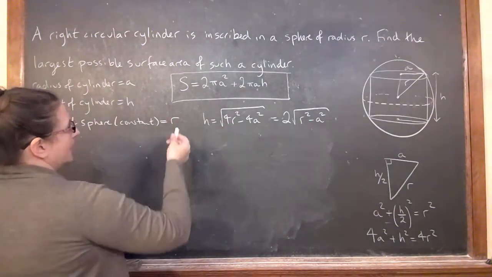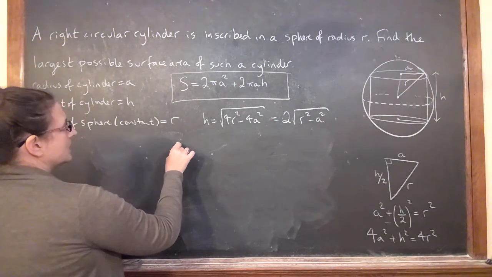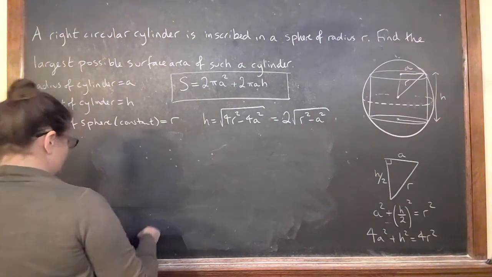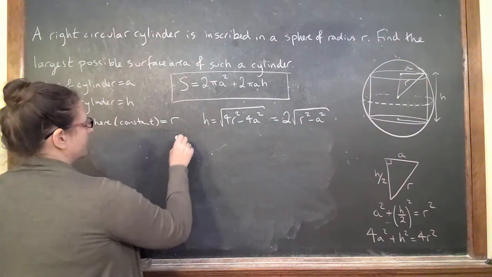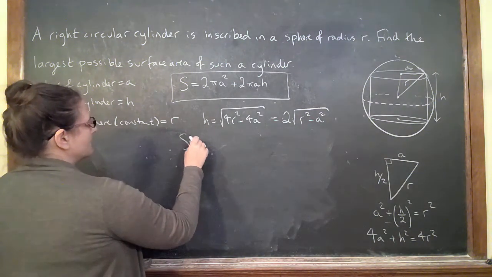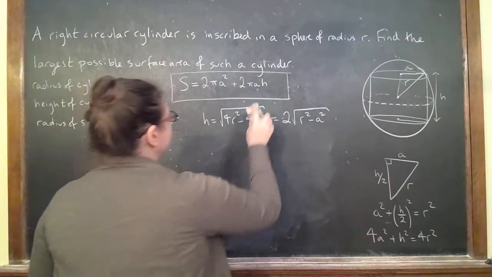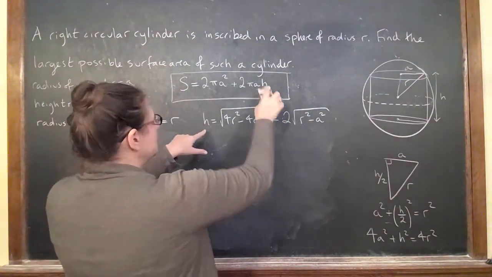So I'm going to put this in there. You know what? I'm just going to write it up here because I'm going to need more space than this. So I'm going to put this in here.